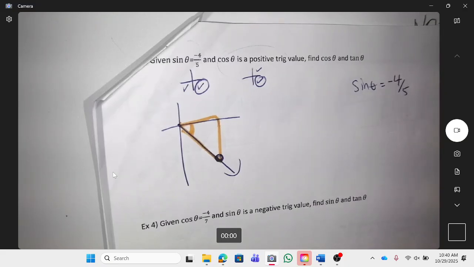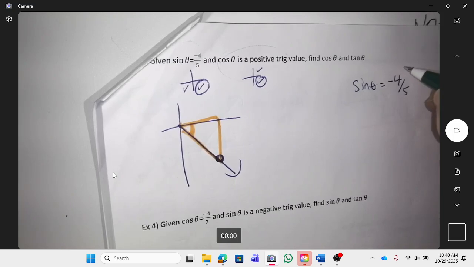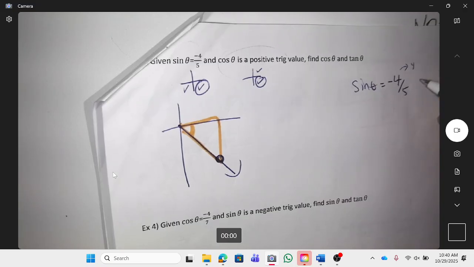Okay, so this is the given information. It's not a coordinate, it's just a sign. So what is this representing? An X, a Y, an R. What does the sine mean to do? What is this one? A Y, and this would be an R. So now I can put that on my triangle.